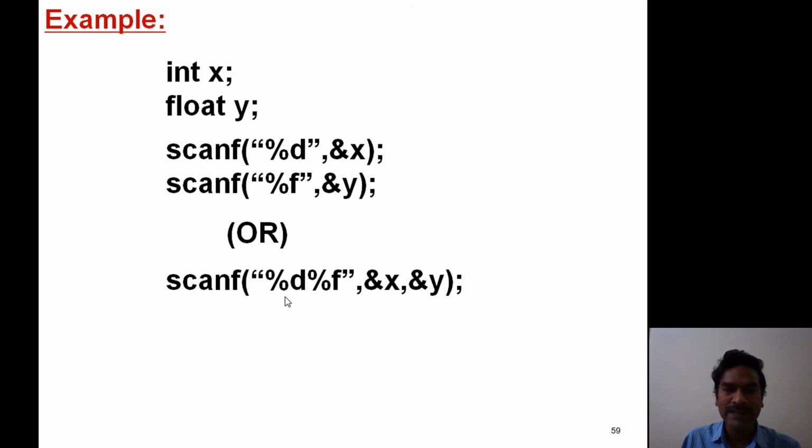The first one is %d, the supporting variable is x, hence ampersand x, comma. The second one is float, so %f, the variable is y, so ampersand y. We must specify the order. Here %d, hence the first one is x. Second one %f, hence it is y.